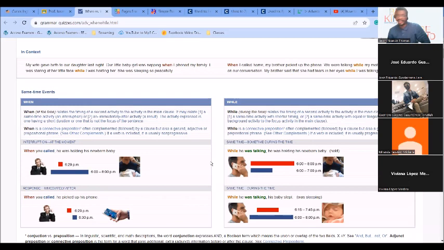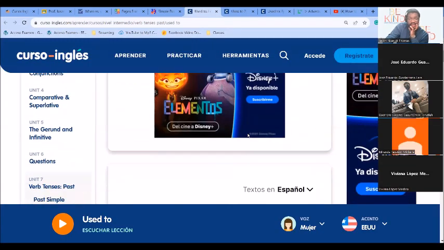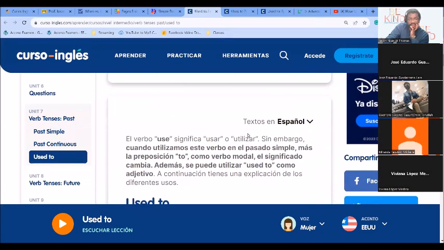The goal for today's class is to practice used to. Now, used to has quite a few forms. All right, I'm going to start with the most basic one, of course. It is to tell an action from the past as a habit. Now, this time we'll focus on the examples. The goal is to be able to see a lot of different examples, and we'll use different examples in different structures.